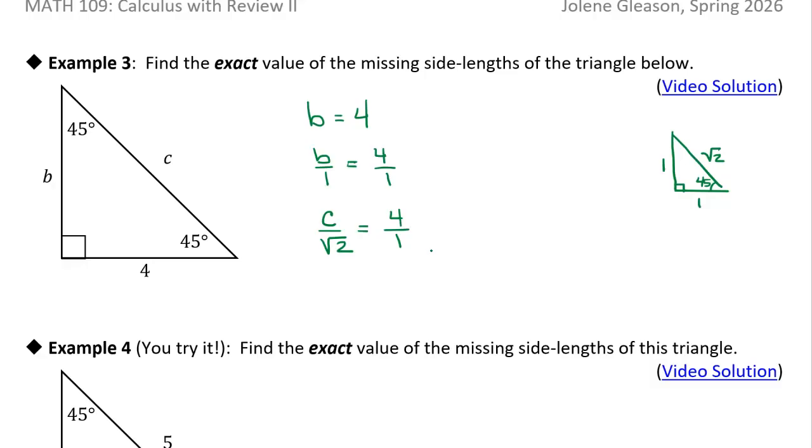And then if we solve for C, we just multiply both sides by the square root of 2, and so we'll get 4 square root of 2. So that is the length of side C.